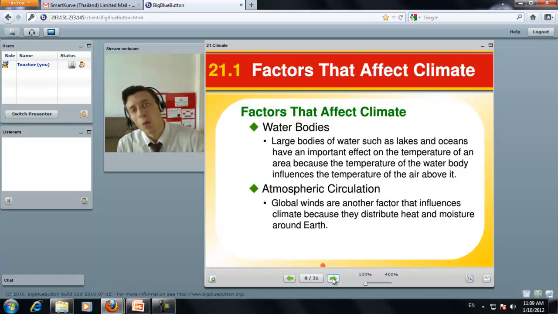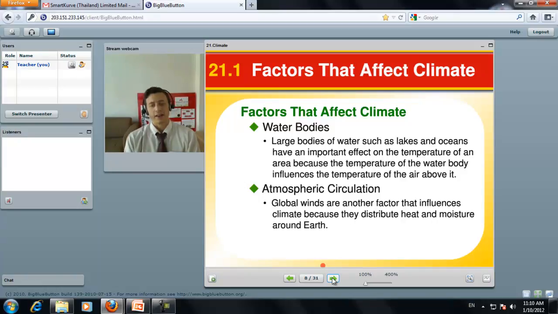So that warm water is carried all the way across the Atlantic, and it helps to warm the air above it. So that's why France and Portugal and Spain have much warmer weather than the areas in Western Europe.